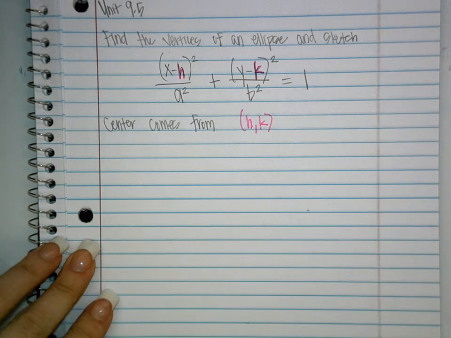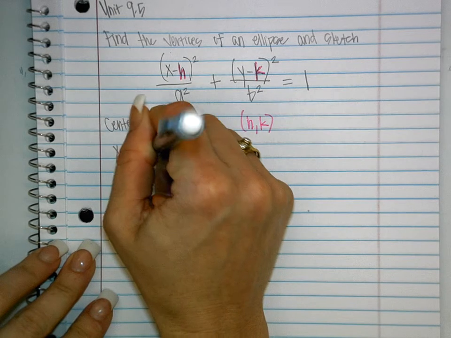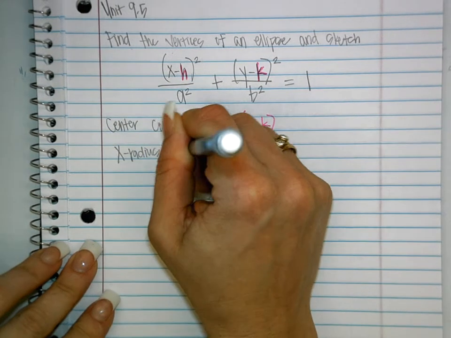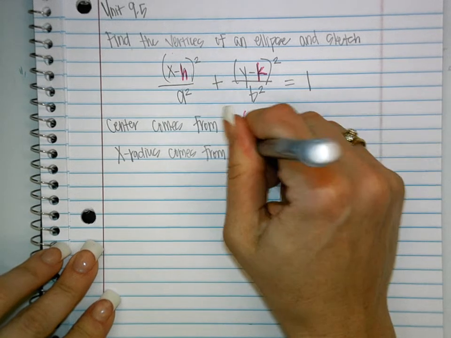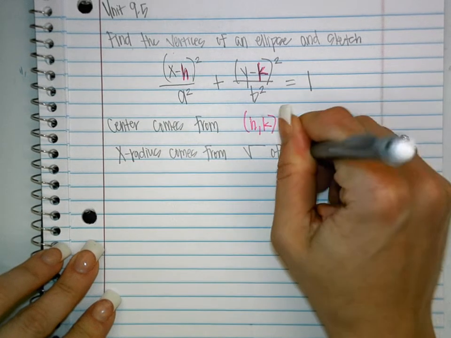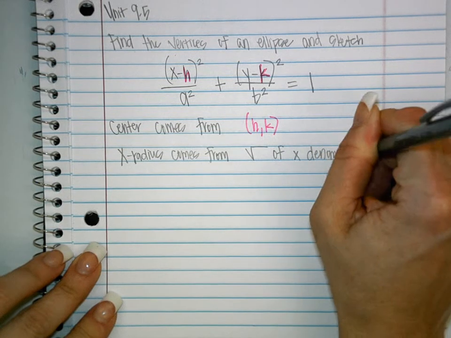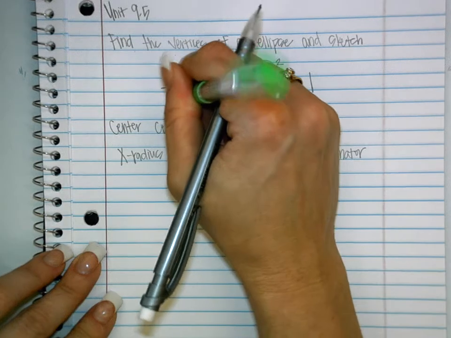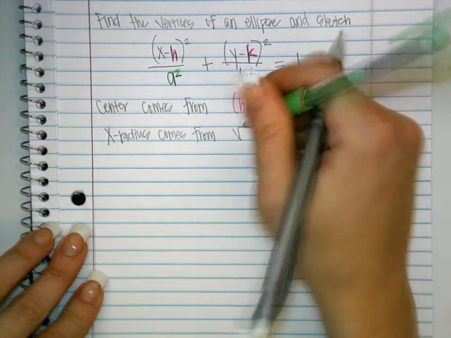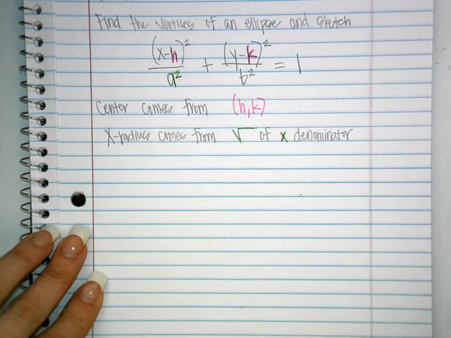So you need to know that the x radius comes from the square root of the x denominator. So you're going to take the square root of the x denominator.